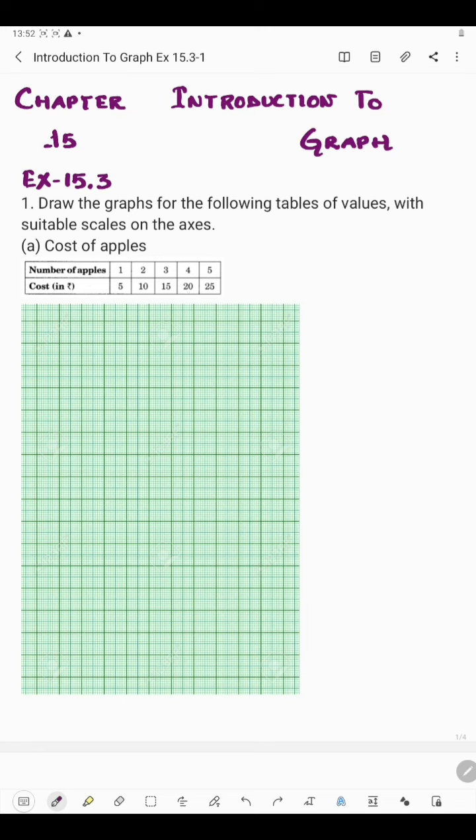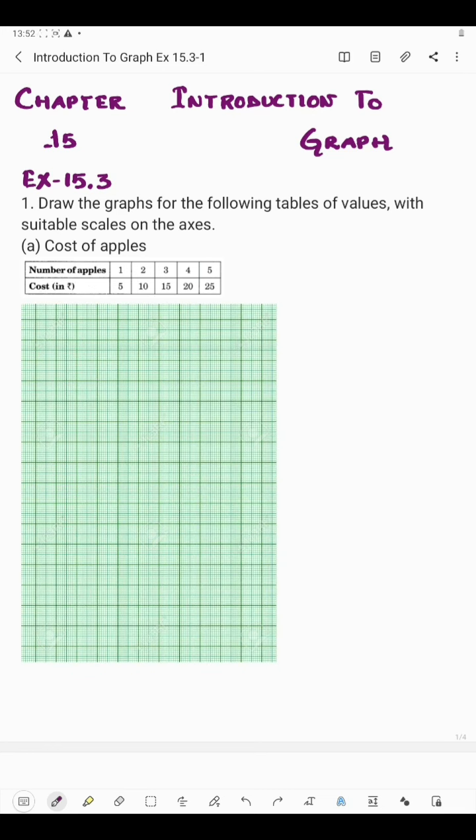Now we will have to draw the graph. At first we will have to draw the axis. So this is the horizontal axis. Horizontal is known as x-axis and this is the vertical axis. Vertical axis is known as y-axis.